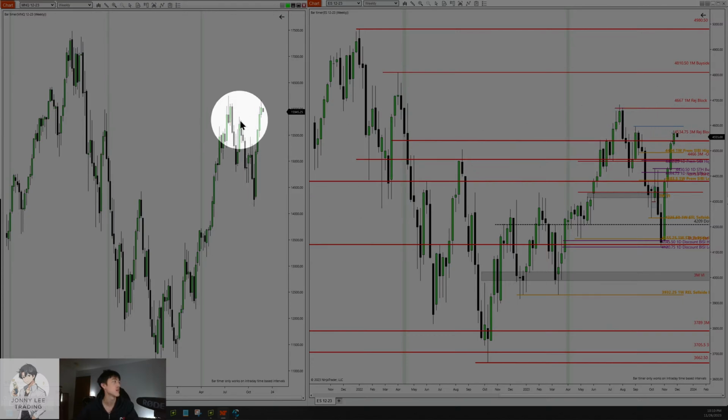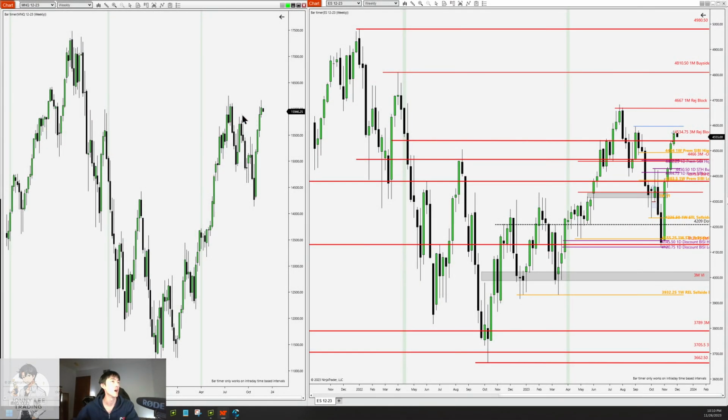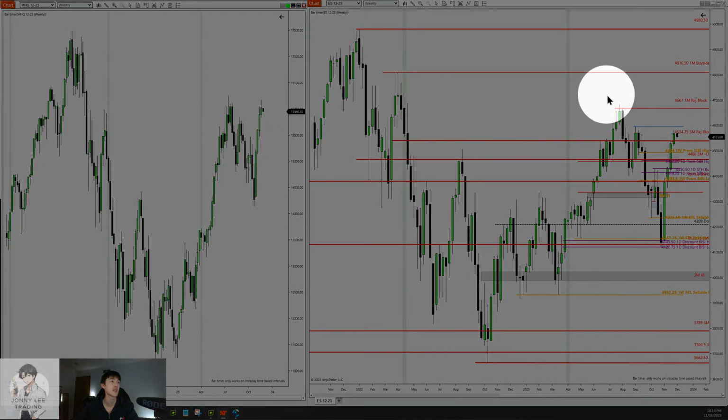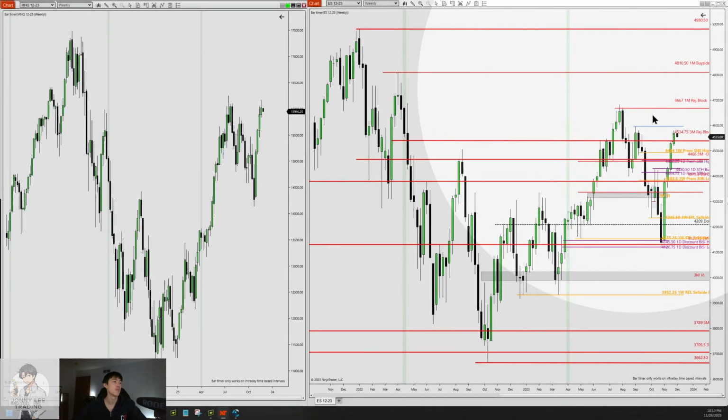If one has not taken it out yet, but the other has, then we want to see this taken out first before we head lower. I would treat this as a short-term high to take out buy stops and then head lower. It would be quite interesting to see if we took this short-term high out because then that would give E-mini the room to also take that out as well. But for the most part, these charts look pretty similar.